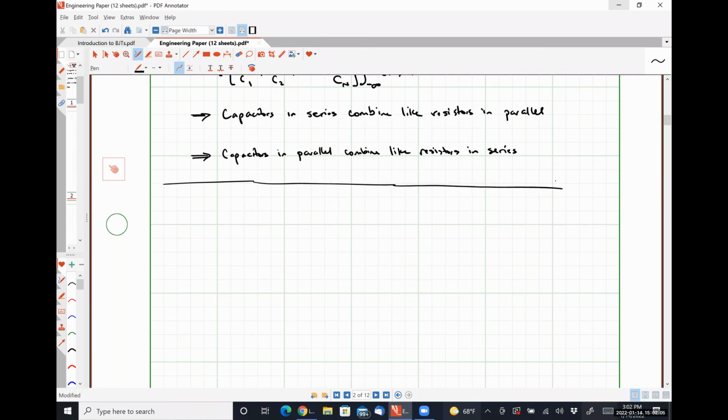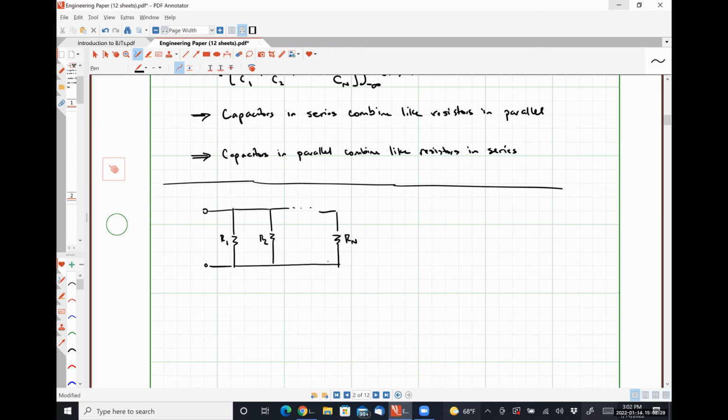When we learned our resistor combination techniques, we had for resistors in parallel, let's call this R1, R2, all the way out, R sub n.